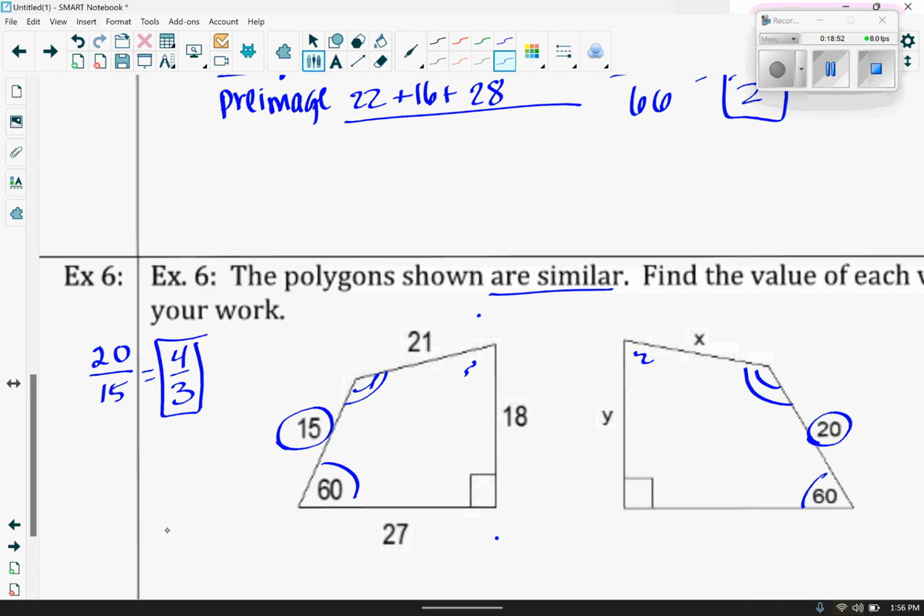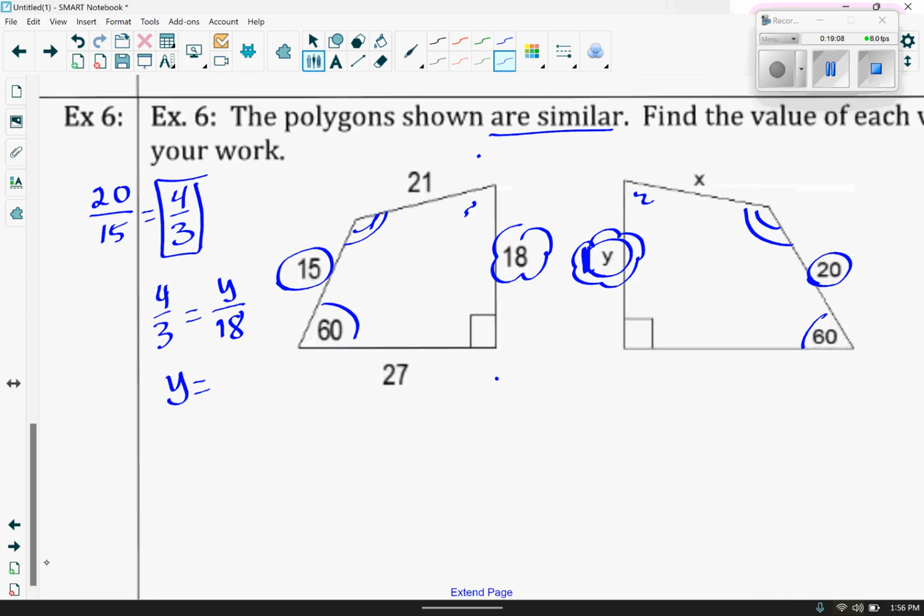And I can solve all the rest. So this one's a y. So 4 over 3 is equal to y over 18. Solve for y. And the other one I need to solve for is going to be 4 over 3 is equal to x over 21.